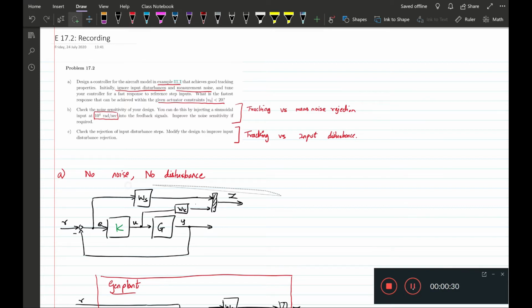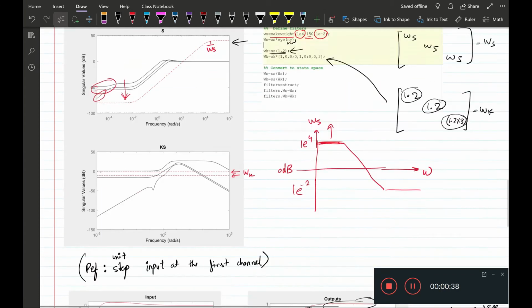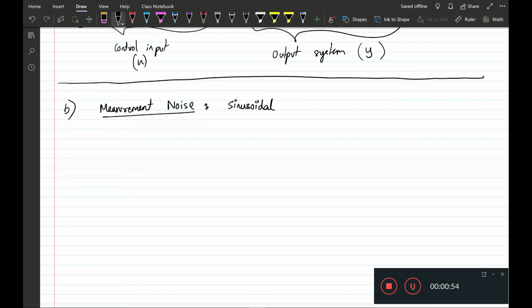So let me bring this feedback loop again. Now we are looking at B, and we have measurement noise that is sinusoidal at 10 to the 4 radians per second.